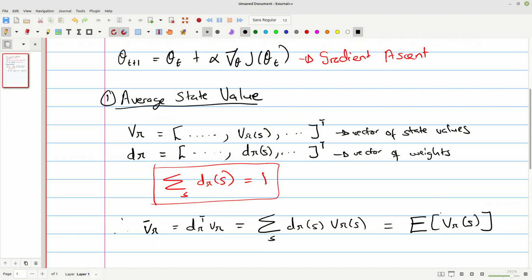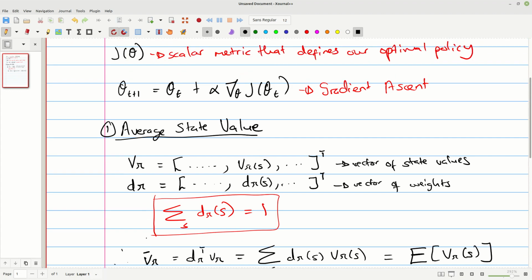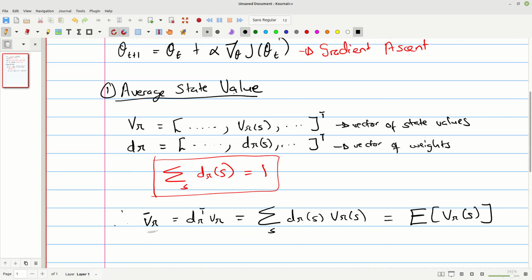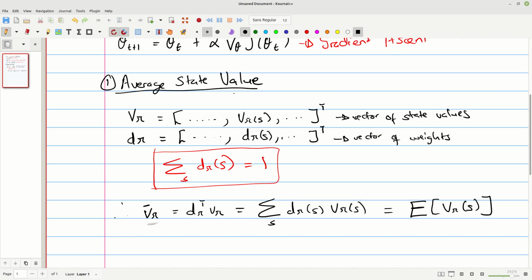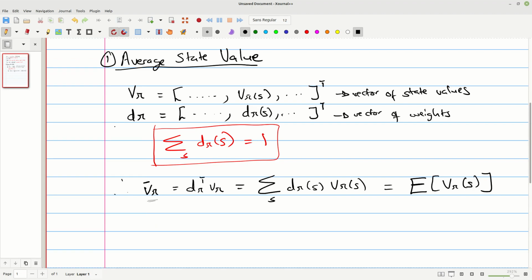We're trying to maximize this metric to actually learn our policy. So we'll be adjusting our parameters in order to maximize this metric, because if we maximize it, then that means we would be learning an optimal policy based on whatever the values of these states actually are.